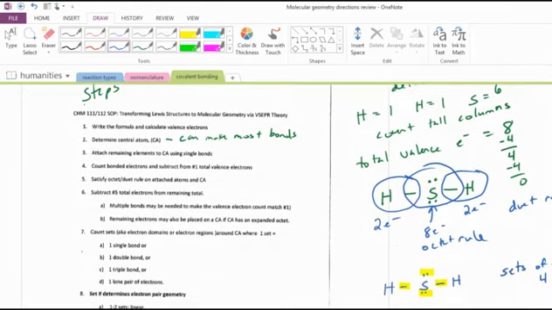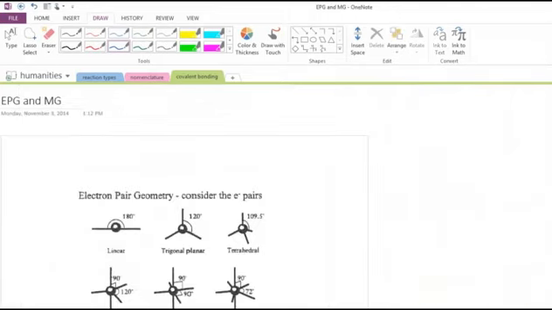So we need to look at what is our electron pair geometry. Well, look here, our electron pair geometry. 2 sets gives us linear. 3 sets gives us trigonal planar. 4 sets gives us tetrahedral.